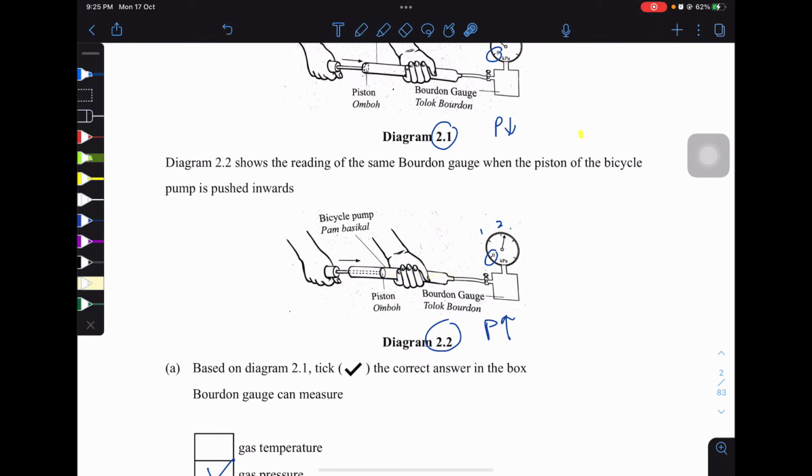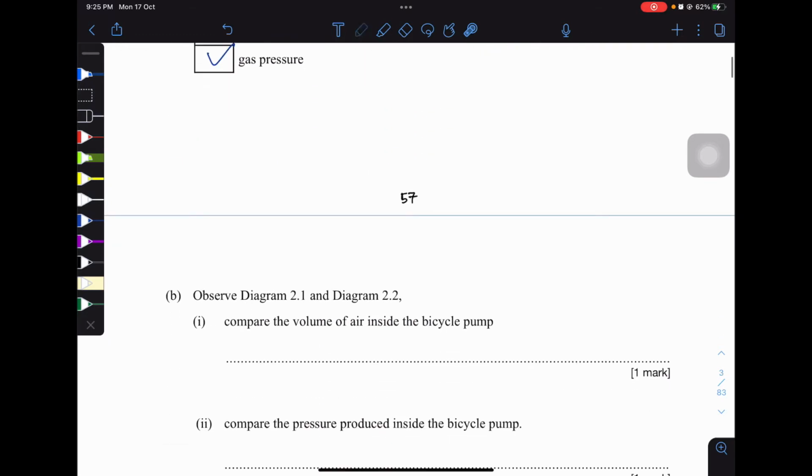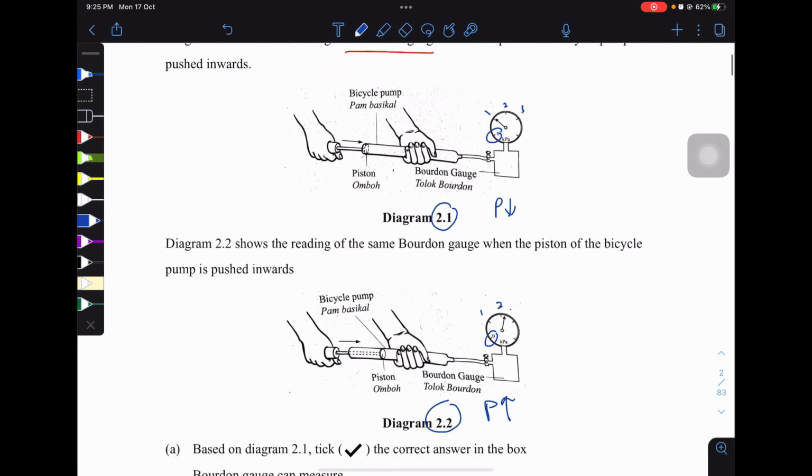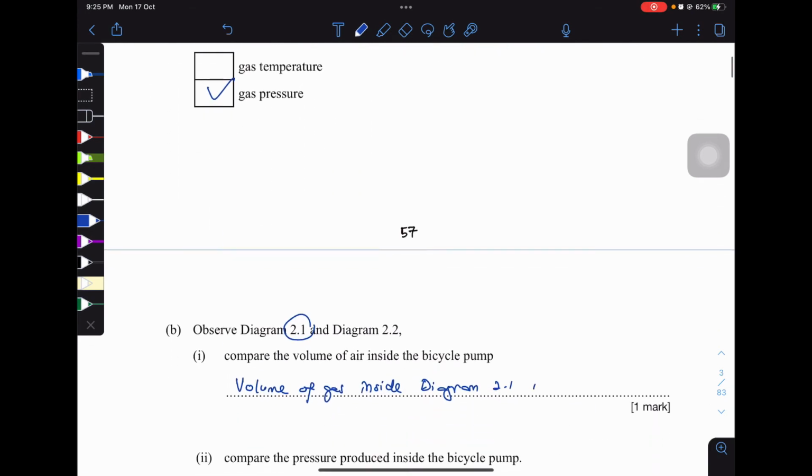If you want to write 2.1 first: volume of gas inside diagram 2.1 is more than in diagram 2.2. Or you can just use the symbol more than.